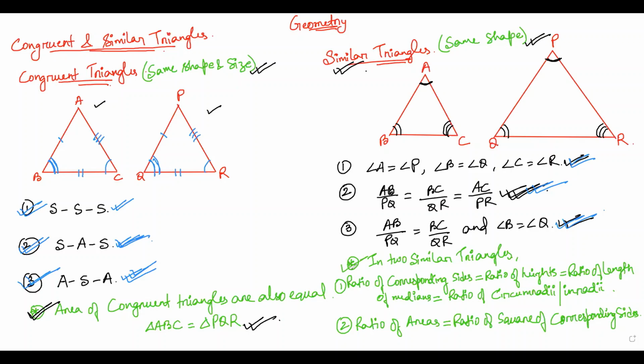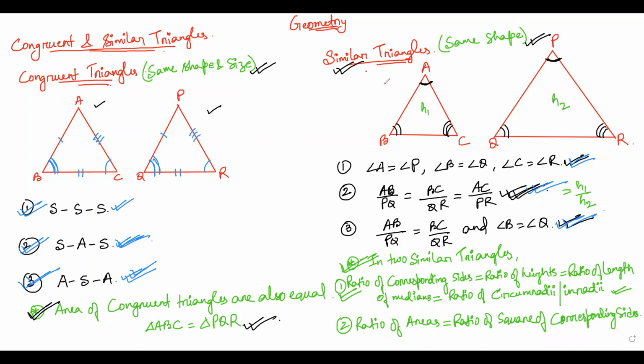Also, in case of two similar triangles, the ratio of the corresponding sides is equal to the ratio of the heights, which is equal to the ratio of the length of the medians, which is equal to the ratio of the circumradii or inradii, and so on. That is, if we consider the length of the height drawn from the vertex A on the side BC to be h1, and the length of the height drawn from the vertex P on the side QR to be h2, then the ratio of the corresponding sides will also be equal to h1 upon h2.